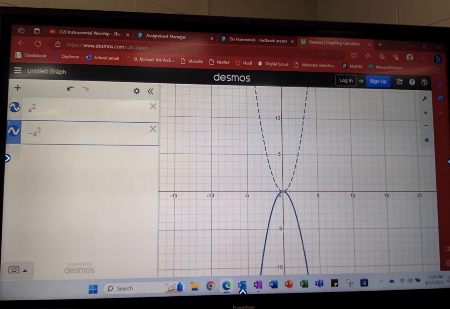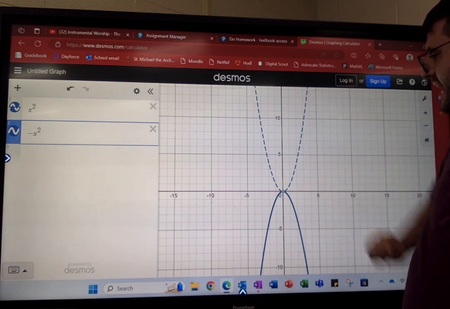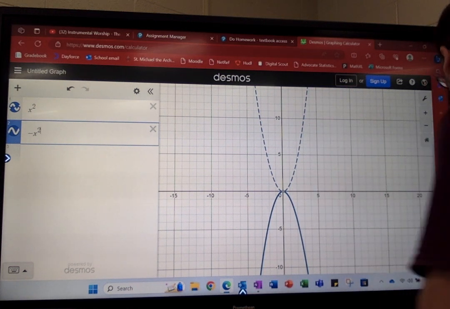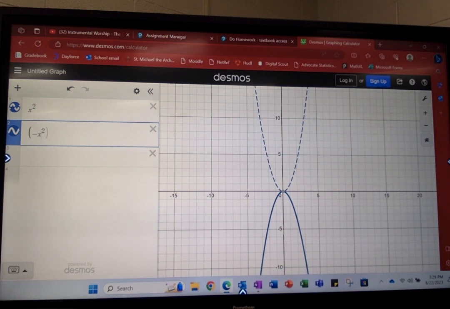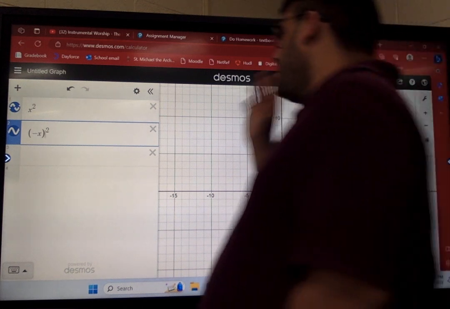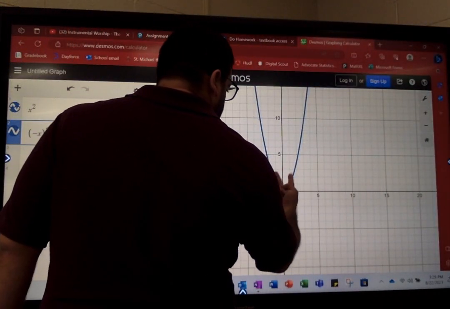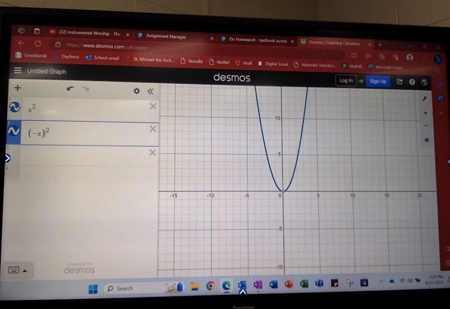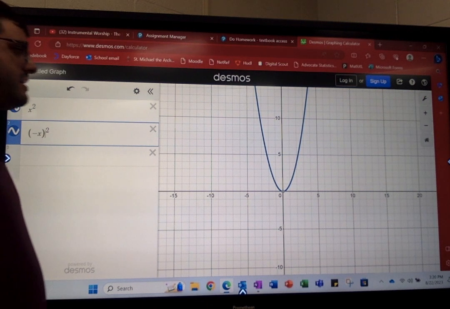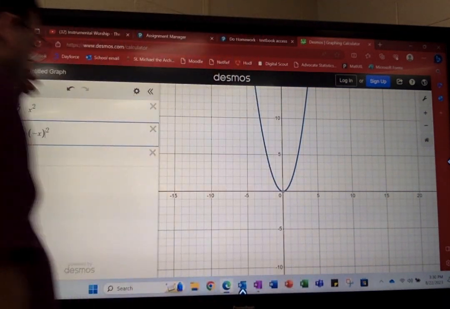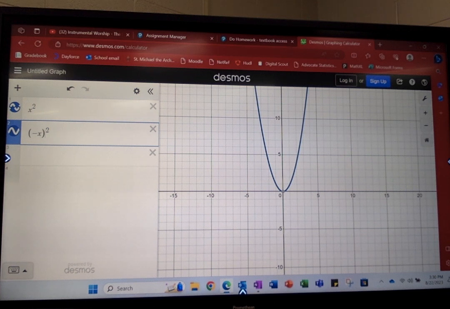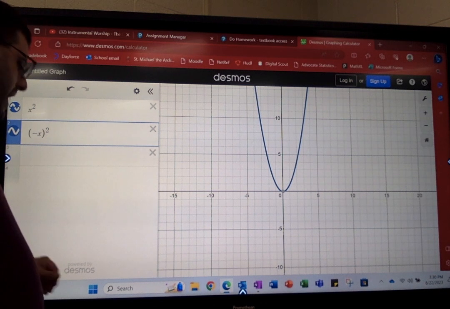This function can be reflected over the x-axis. But let's try doing a y-axis reflection. Now look what happens. It's the exact same function, because if I try to flip this across the y-axis, it's the same. That tells me that this function has some form of symmetry over the y-axis. So x squared and negative x in parentheses squared have the same graph.